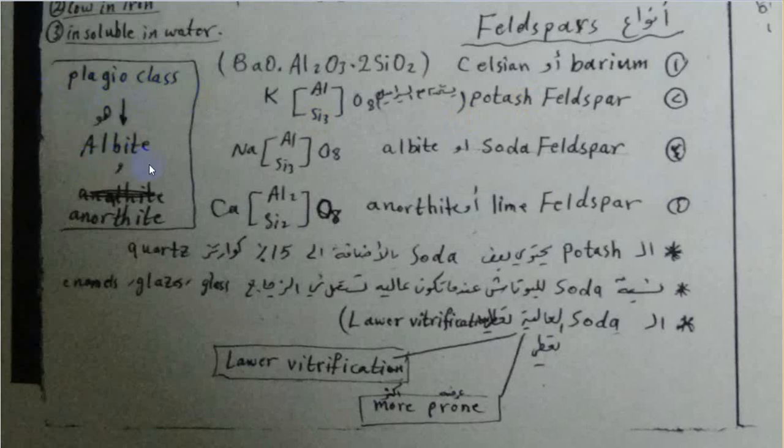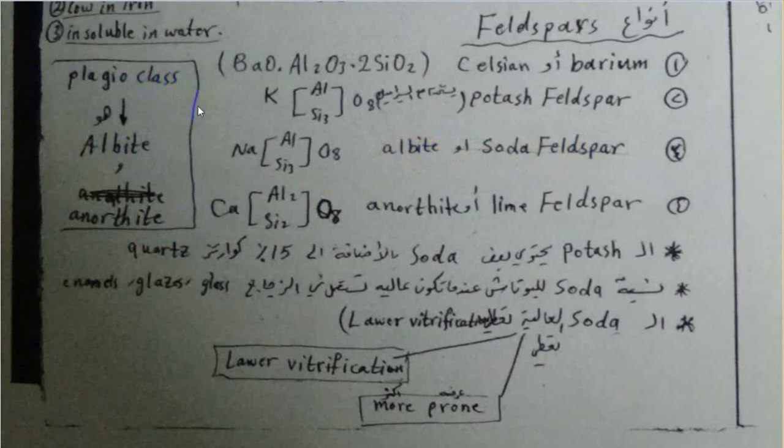Plagioclase is the same as albite and anorthite. Let this be a base. As you can see, the albite or soda feldspar is the same as the plagioclase.